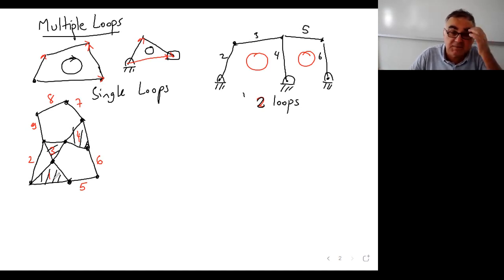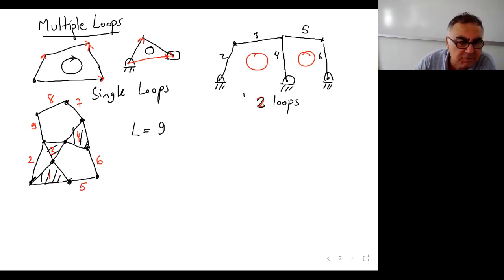Well, yes, the ground, we didn't ground anything yet. For example, we can ground this link and it will be the ground. This is a mechanism without any ground. So the number of links is 9 here.